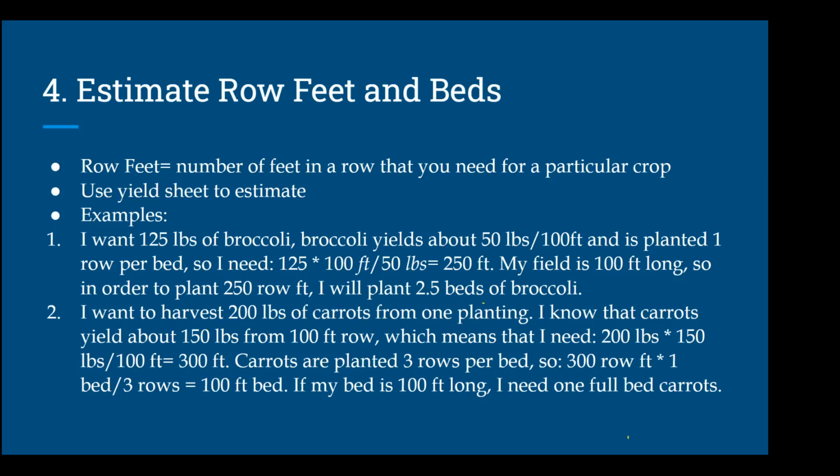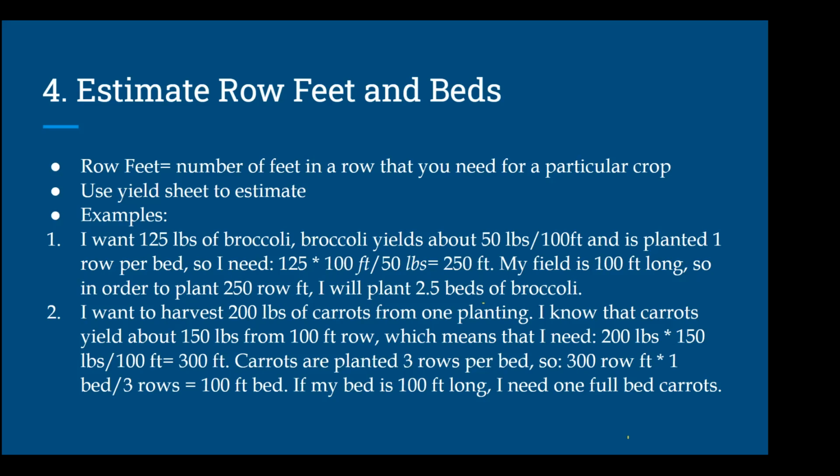You multiply the pounds of broccoli that you want by the 100-foot bed, and then divide that by the yield, which is how many pounds are typically in a 100-foot bed, and that will equal 250 feet. If my field is 100 foot long, in order to plant 250 row feet, I will plant 2.5 beds of broccoli.